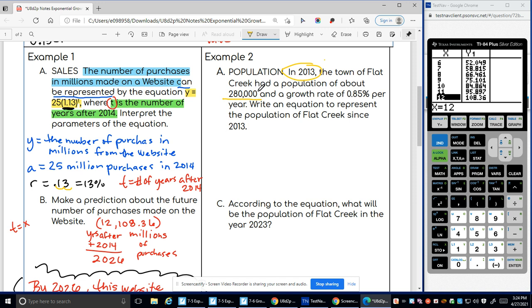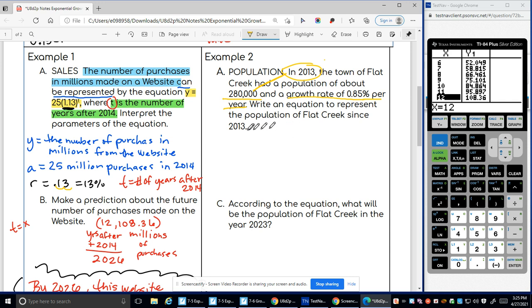When they talk about population, they mean the number of people, right? So I know those two numbers are connected. And a growth rate of, that sounds important, 0.85% per year.